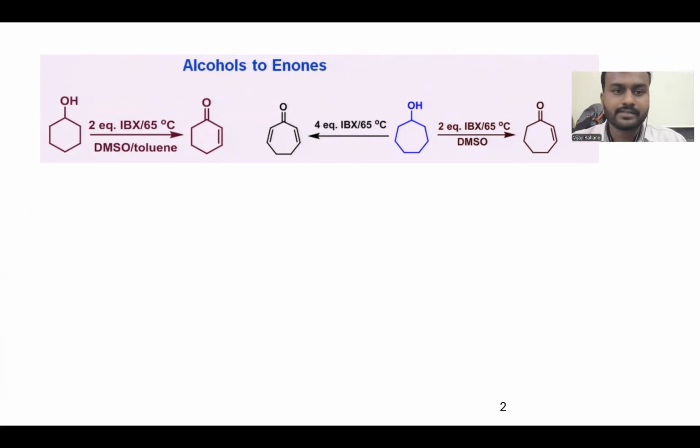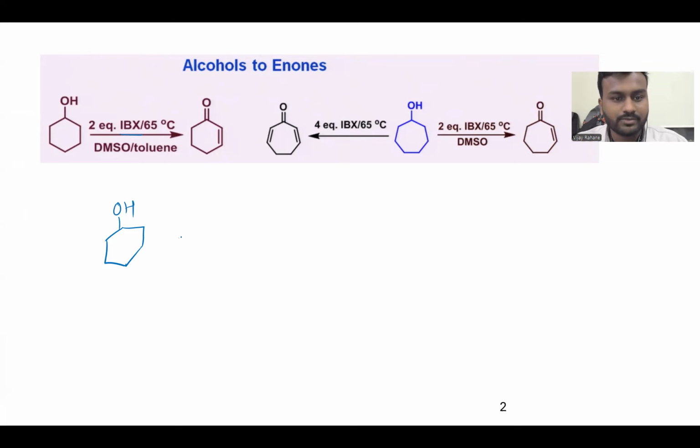This is the first slide, in which I have purposefully kept here to show how the reaction of IBX works. IBX is a hypervalent iodine reagent which is used for oxidation, right? And we know the reaction of this IBX with alcohol.